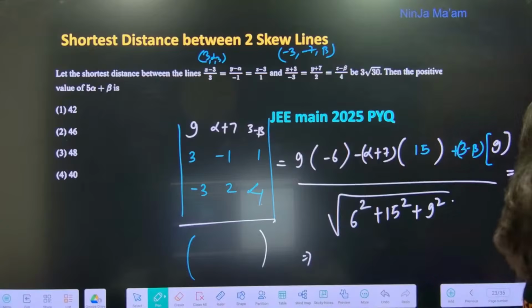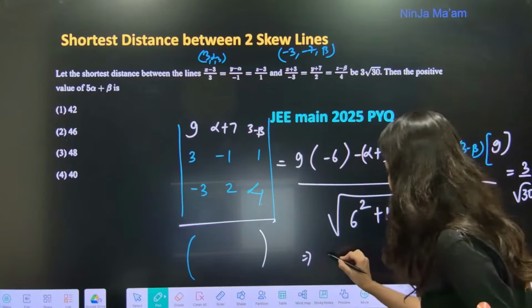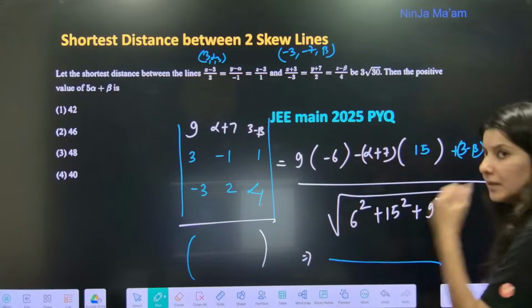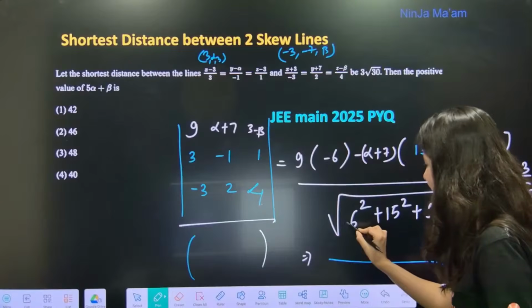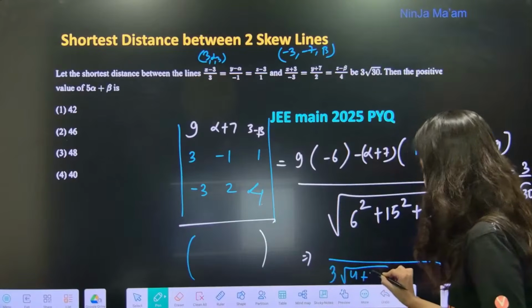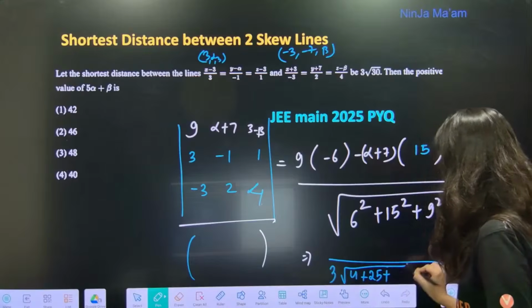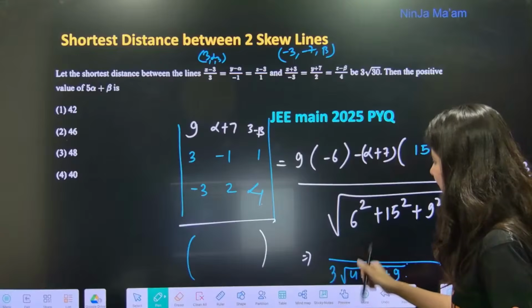Okay, you just have to equate it. So now, can you see, from the denominator I can take 3 out. If you take 3 square out, it will become 9. So this is 4 plus 25 plus 9. Okay, and this is what? 3 is right there.